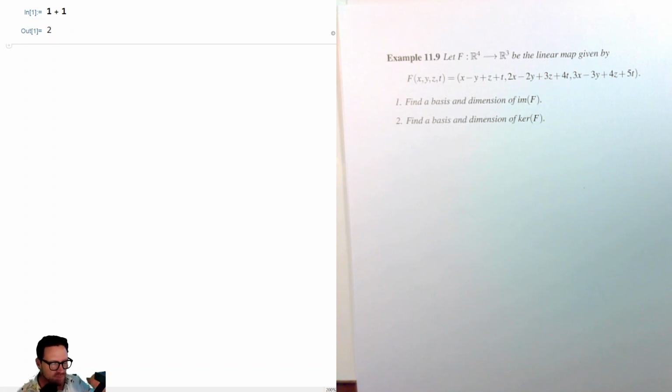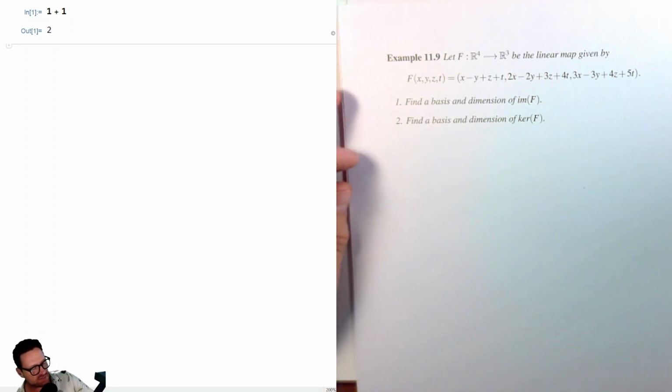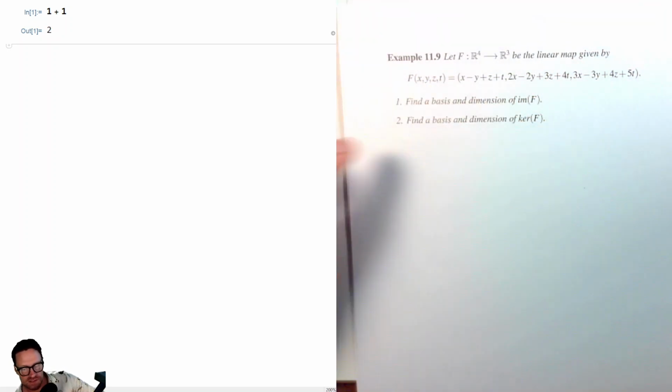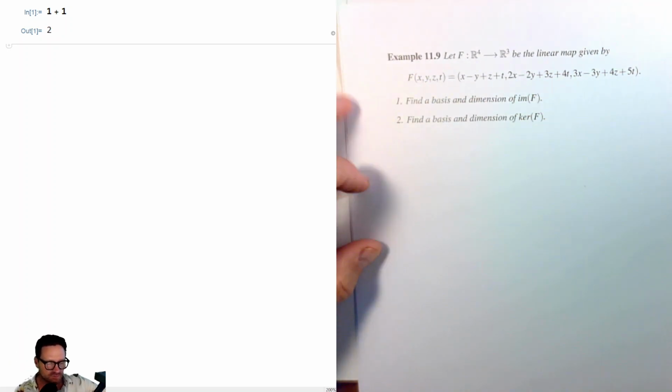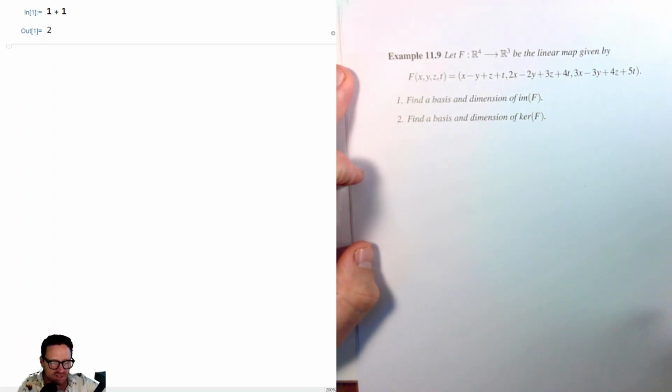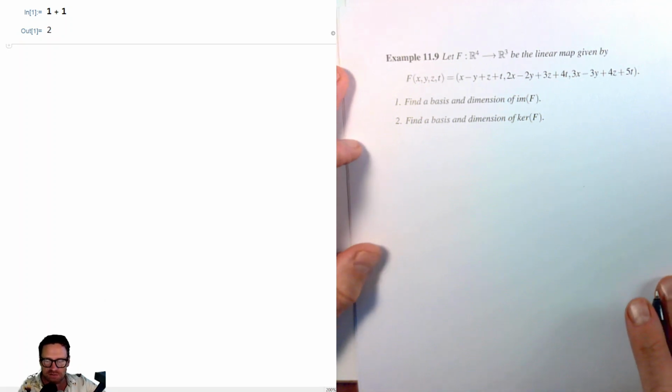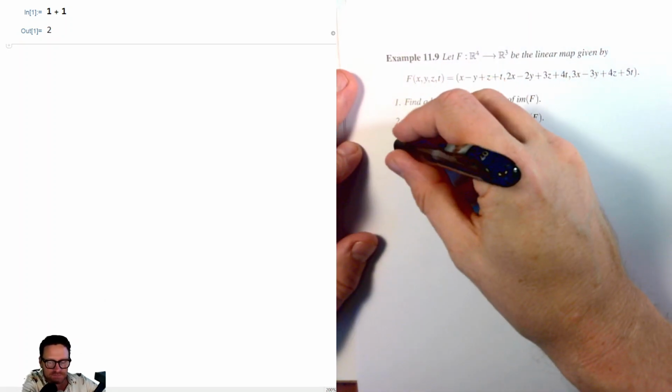Okay, let F map 4 space to 3 space be a linear map given by this. Find a basis and dimension of the image, find a basis and dimension of the kernel.